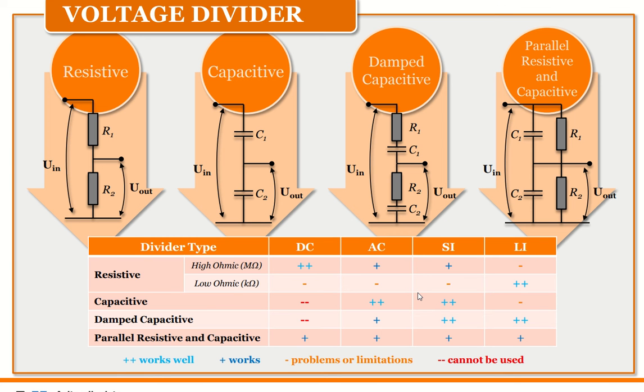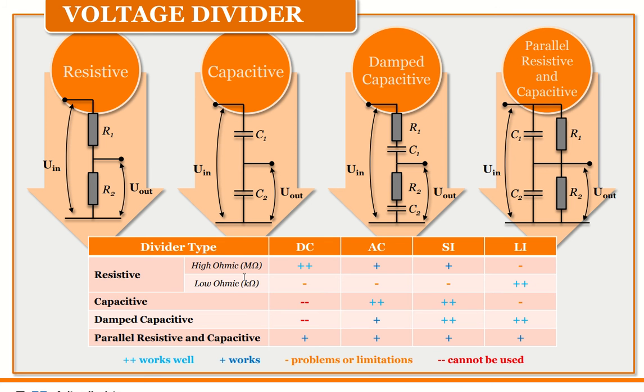For example, here the double positive works well, the single positive can work, and if there is a single negative sign, there are some problems or limitations. For the double negative signs, it cannot be used.